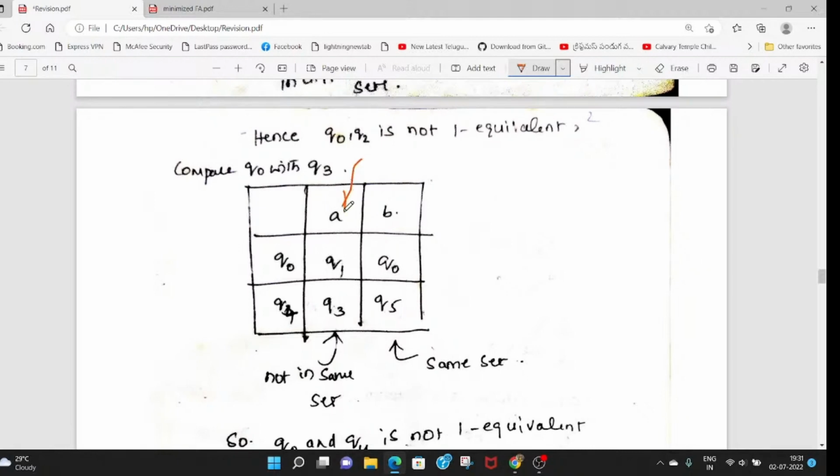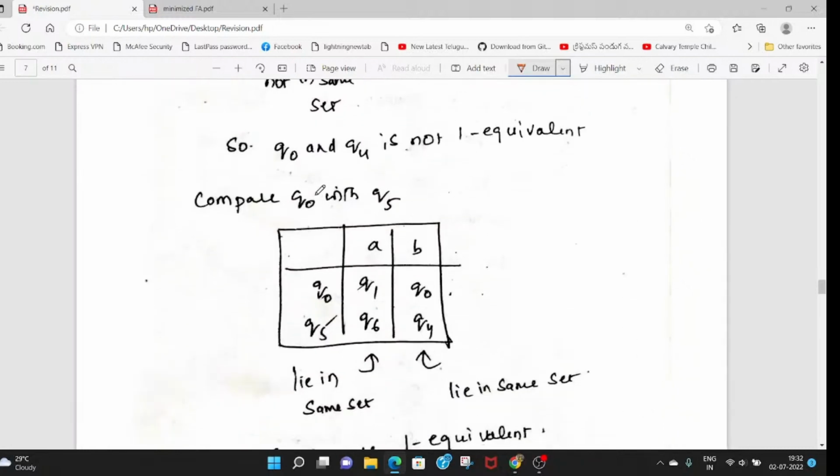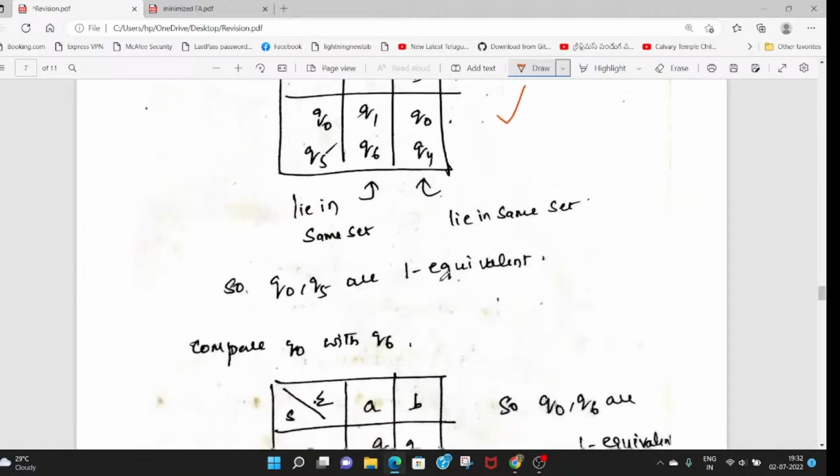So here also at column A, Q0, Q4 is not in the same group. When I compare Q0 with Q5, I'm getting Q1, Q6 in the same set, and Q0, Q4 is also in the same set. So it will be grouped with Q0 in the next level.